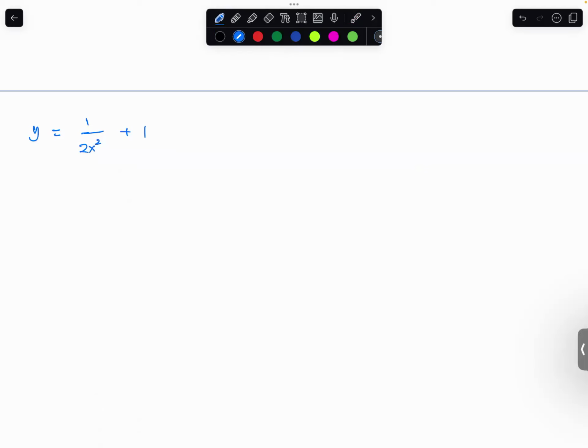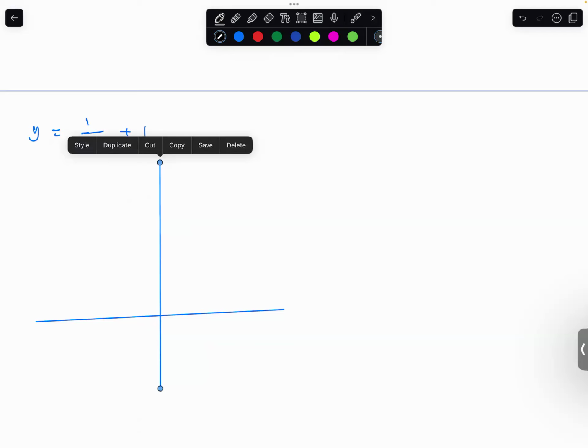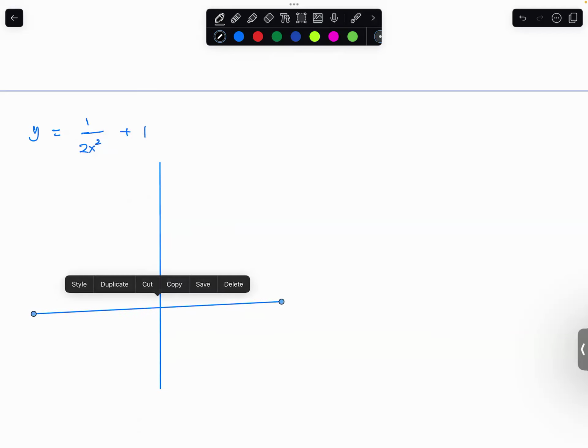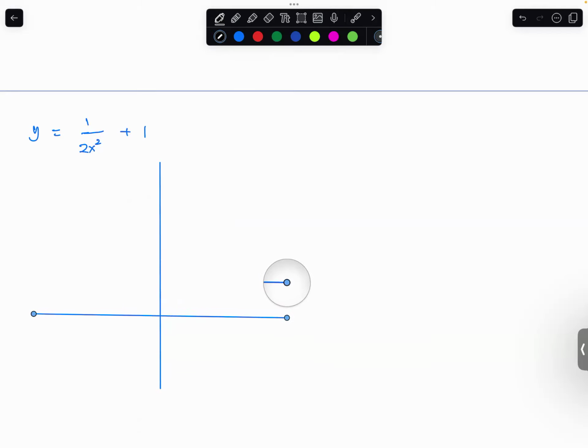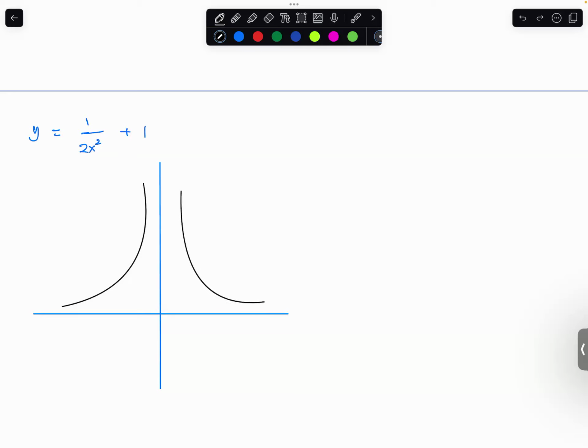Okay, so if we plot this, let's say this is our graph of y equals 1 over 2x squared, and now plus 1, we just need to take this graph 1 unit above.